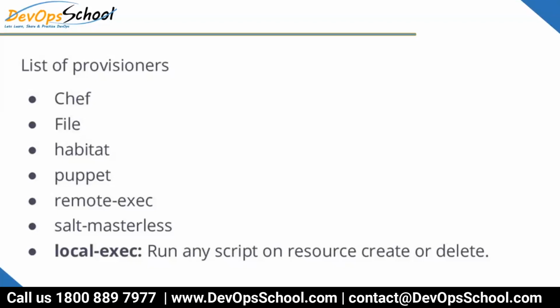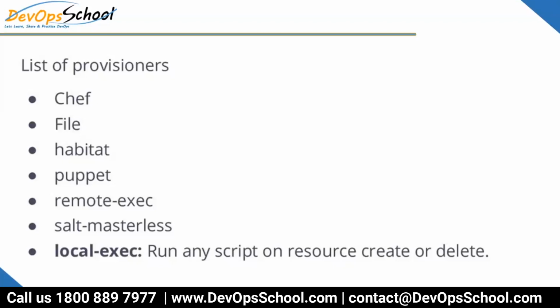Now you'll say, Rajesh, okay, I understood probably. Using the Chef provisioner you can call the Chef script, the Puppet provisioner you can call the Puppet script, the Salt provisioner the Salt script, and the Habitat provisioner the Habitat script. But you're not explaining file, remote, and local. So this is the focus. File, remote, and local are the only provisioners I can show you in this session.